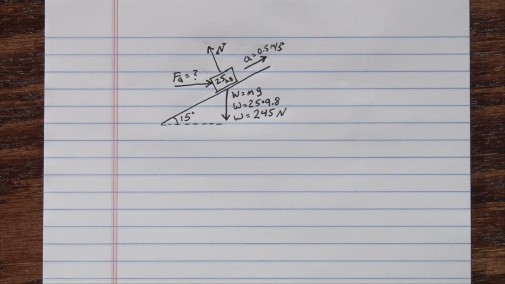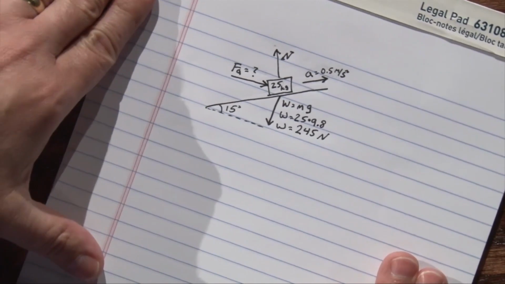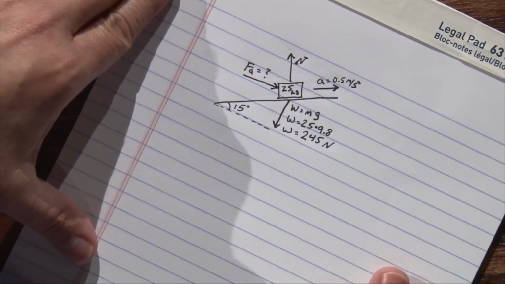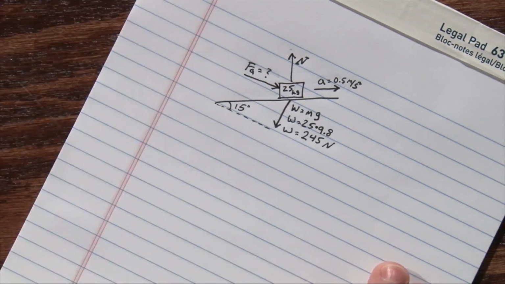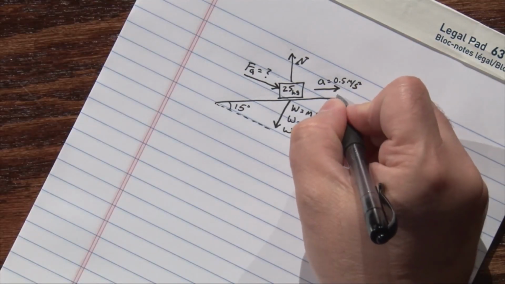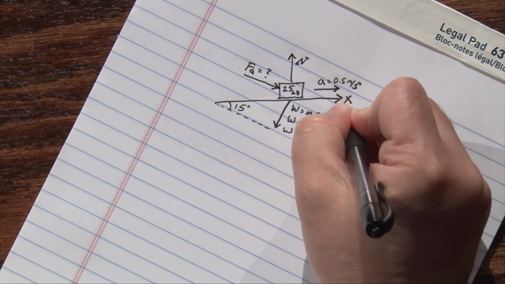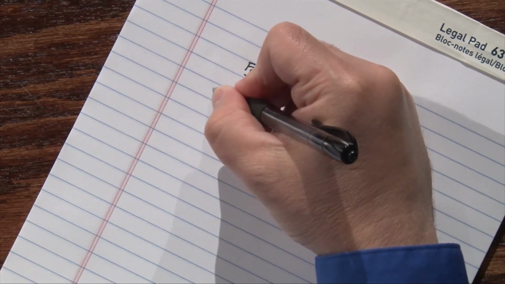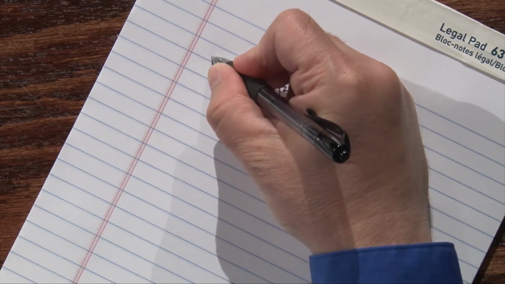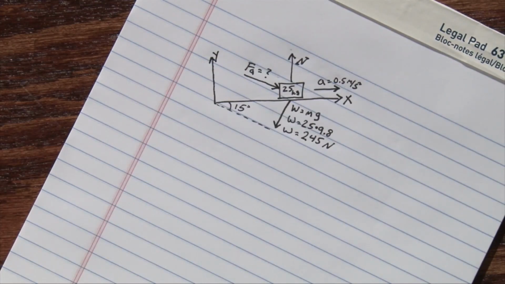It's time to draw some coordinate axes. Well, to do that, I would advise rotating the page so that the ramp becomes horizontal. That also gives us the benefit of making the acceleration horizontal. And making the ramp our x-axis, and y would then be perpendicular to the ramp in that direction.